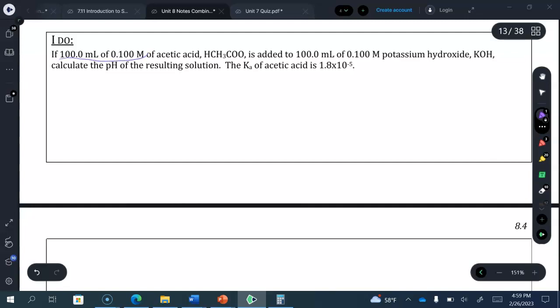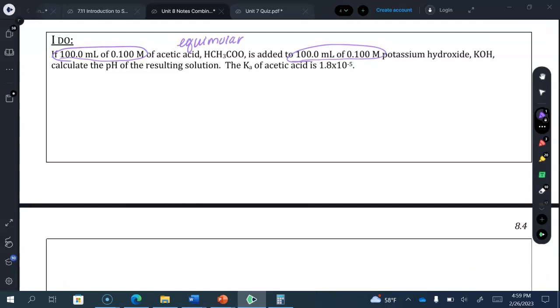So if we look at this, same concentration and volume, same concentration and volume, these are equimolar. So it is at its equivalence point. If we look back to our notes, if it's at its equivalence point, the conjugate base is the only species present that will undergo any reaction.